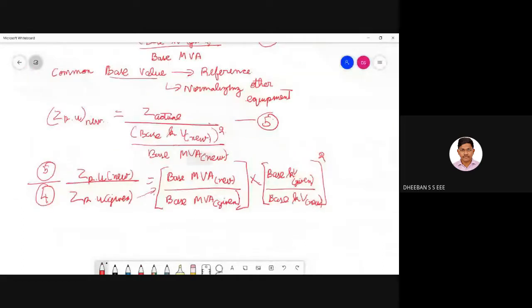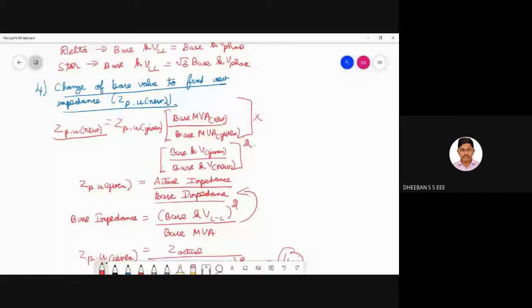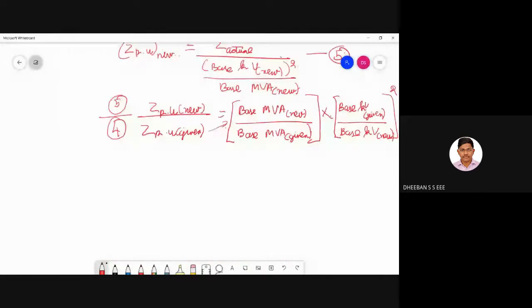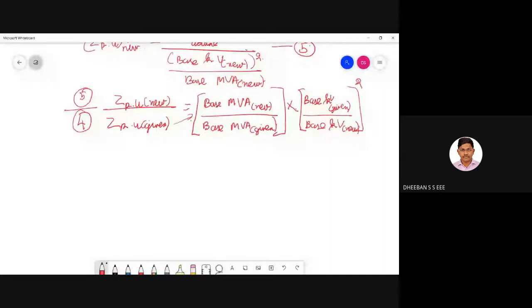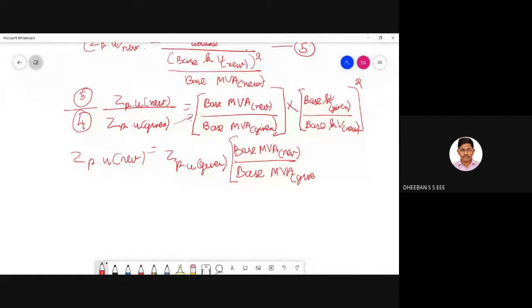So your Z per unit new will be equal to Z per unit given into base MVA new by base MVA given, into base kV given by base kV new.